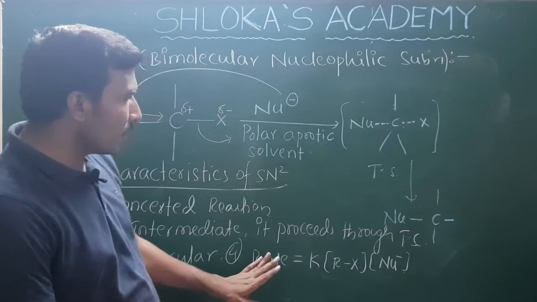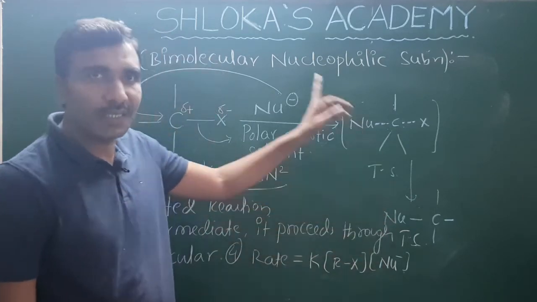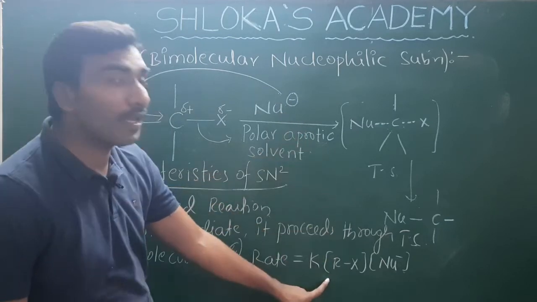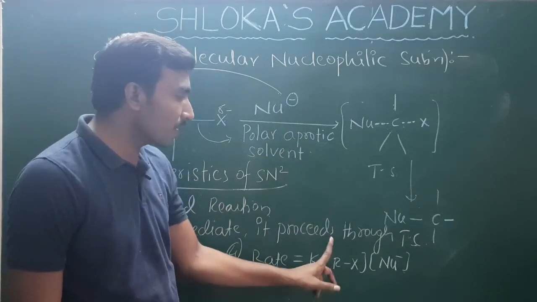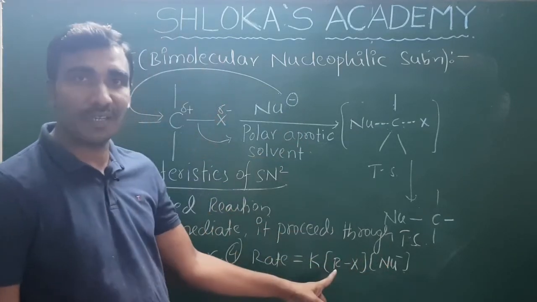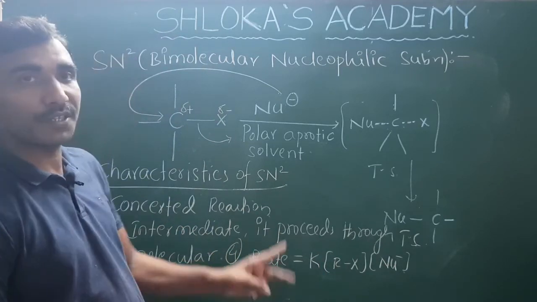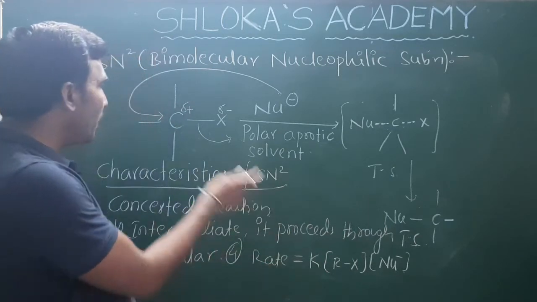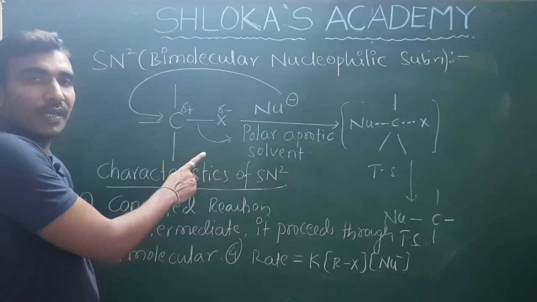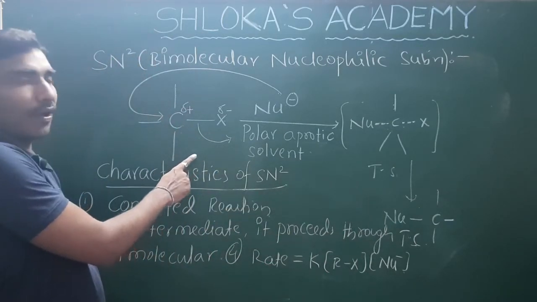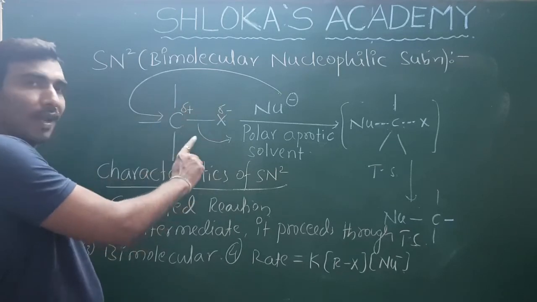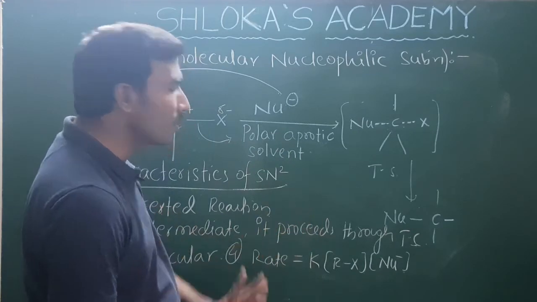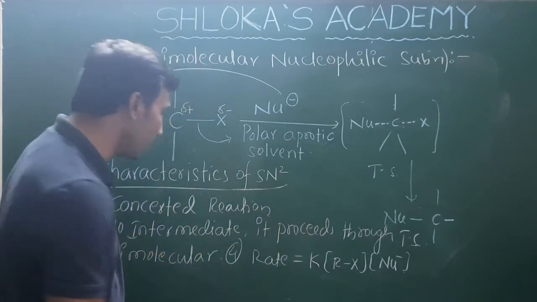If you observe this rate law expression, according to kinetics, the sum of the powers of the concentration terms in this rate expression is 2, 1 plus 1. That means the rate of this nucleophilic substitution reaction depends upon the concentration of the alkyl halide as well as the concentration of the nucleophile. So hence it follows second order kinetics.